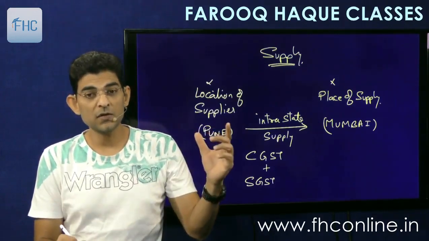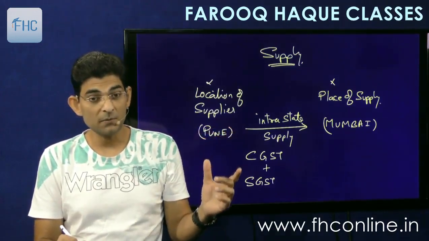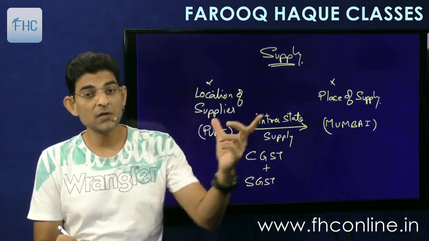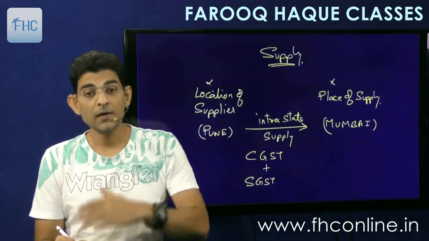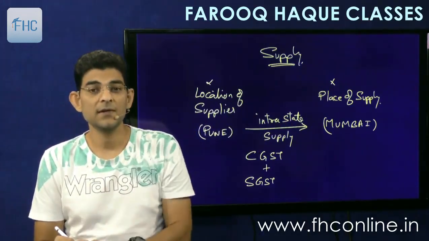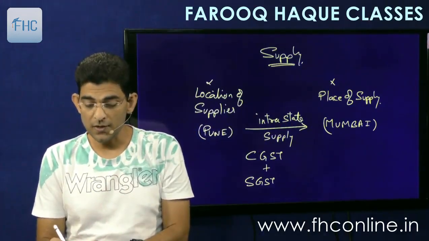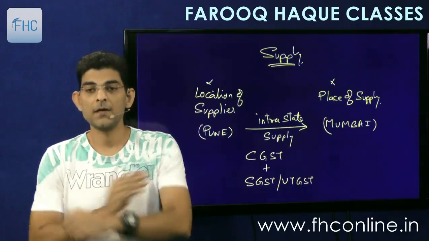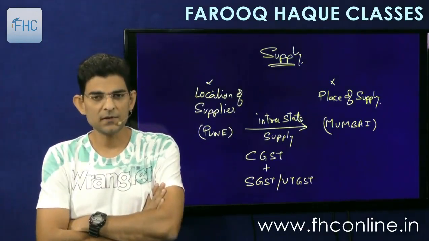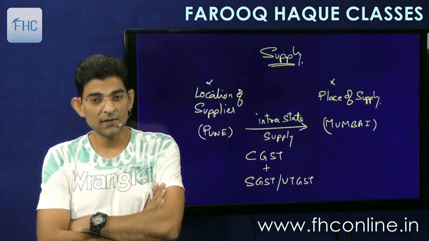So here it will be Maharashtra GST, because both these places are in the state of Maharashtra. If this is in a union territory, then it will be imposed as UT GST, Union Territory GST. So SGST or UTGST has to be there along with CGST.